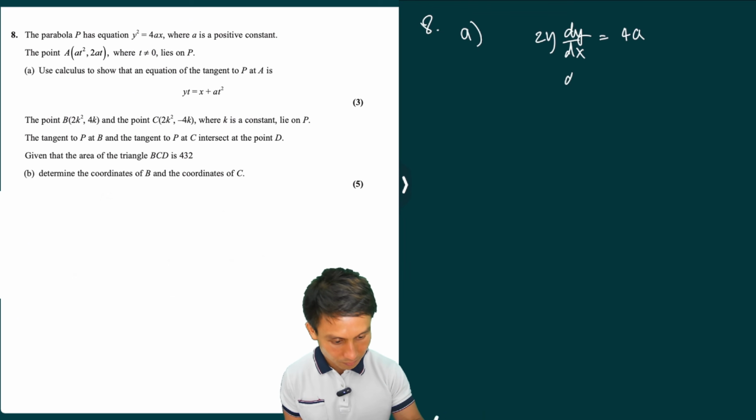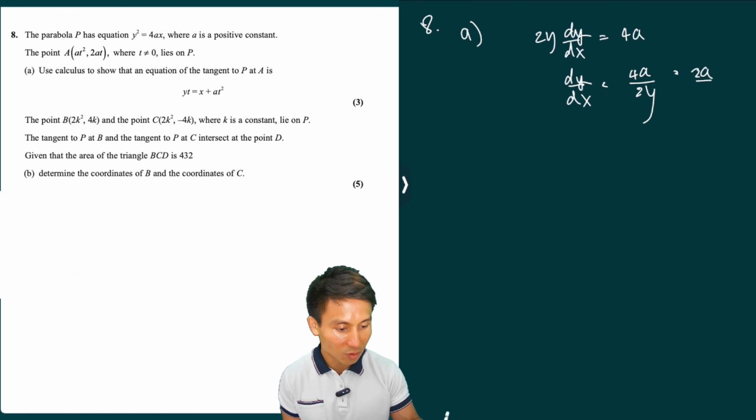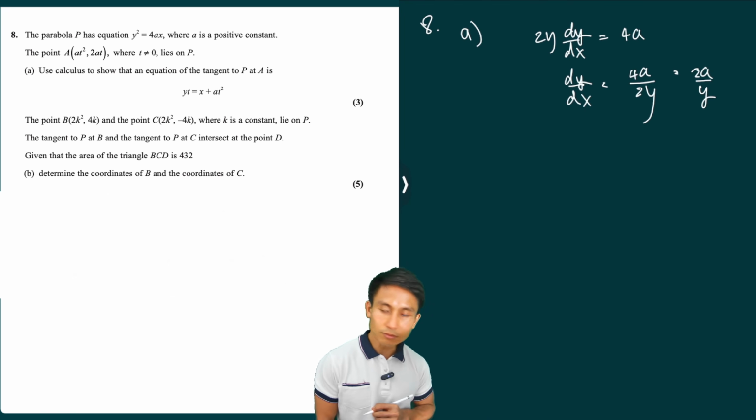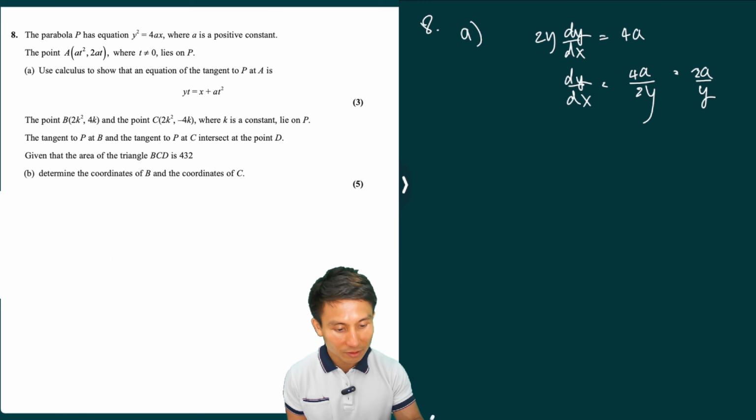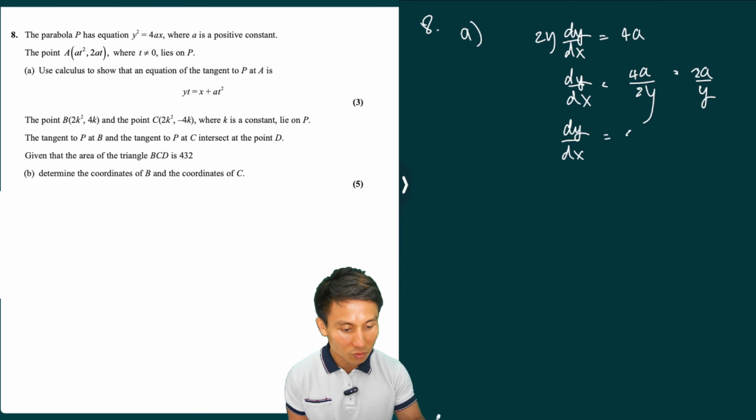And then dy by dx will be equal to 4a over 2y, which is 2a over y. So we're going to find the gradient first. So dy by dx is going to be 2 times a divided by y, which is 2at.